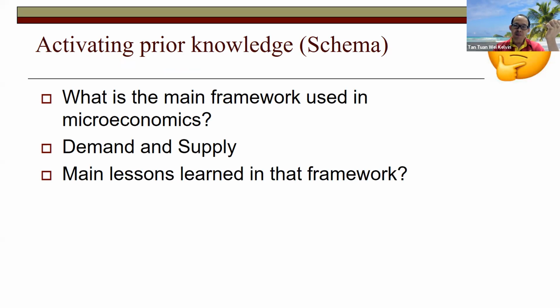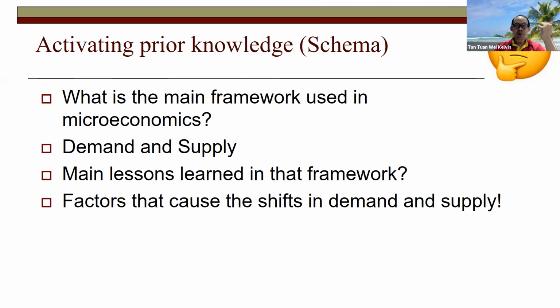What are some of the main lessons you have learned in that framework? Think back to what you have learned in your first 6 months of econs. What are the main lessons you have learned in the demand and supply? They are basically the factors that cause the shift in the demand and supply.